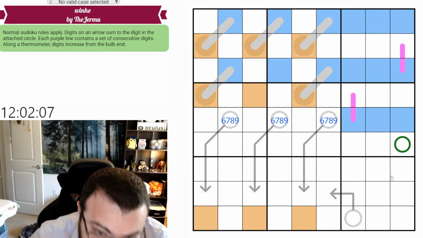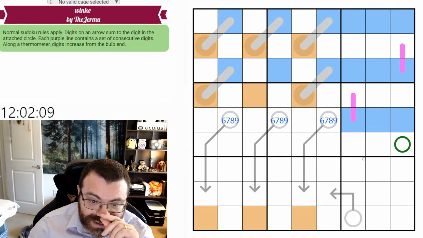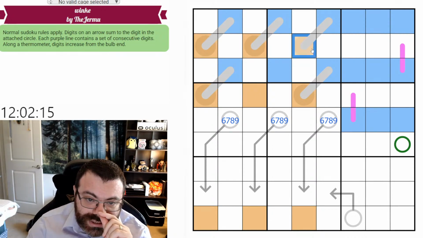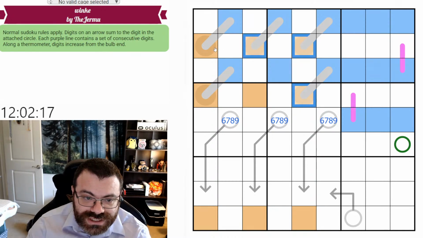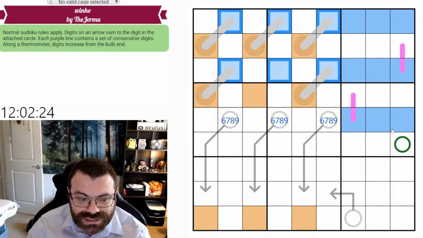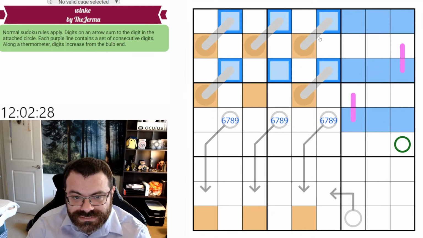So by the time I've done this, blue and orange are still the same sum, but blue has considerably more cells in it. So these 5 orange cells must be less than these blue cells, even though blue has way more cells in it than orange. I think that's going to come into play here.